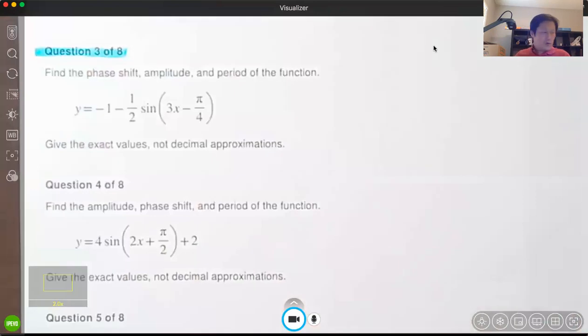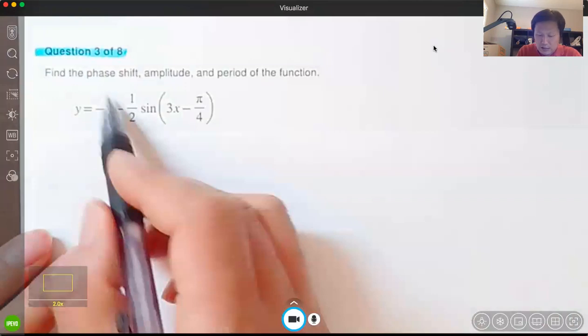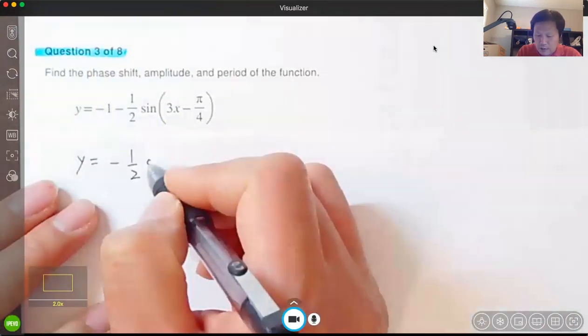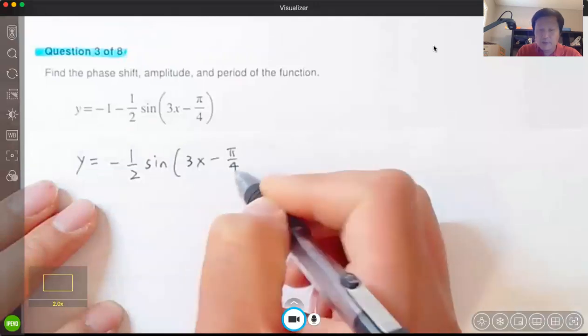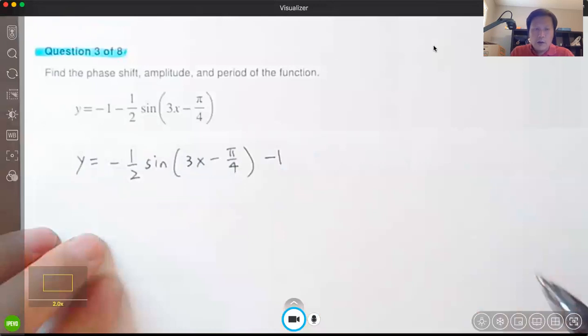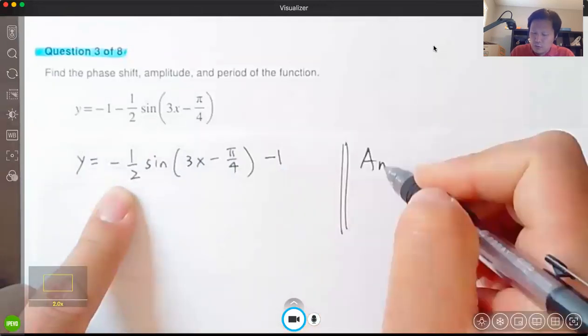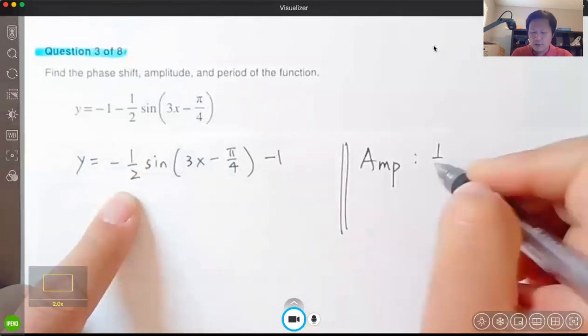Okay, you should try one more question. Again, the minus 1 in the beginning is no different than having it at the end. So amplitude, you take absolute value of A, which is 1/2.